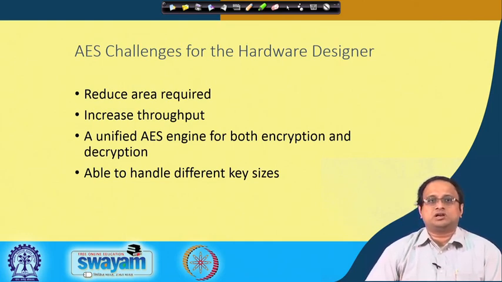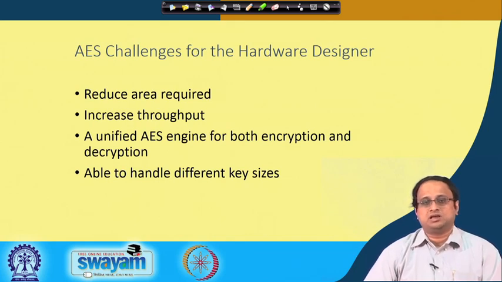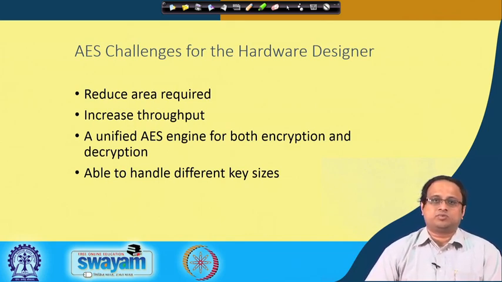Likewise, we would also like to measure the throughput of our design, and therefore we would like to make our design have high throughput. So I would like to increase the throughput of my design. And for AES, one of the objectives could be that I want a unified AES engine. That means one single hardware which will work both as an encryption as well as a decryption. Now, you should note here that the AES algorithm is not symmetric in terms of encryption and decryption. That means the encryption process and the decryption process are distinct.